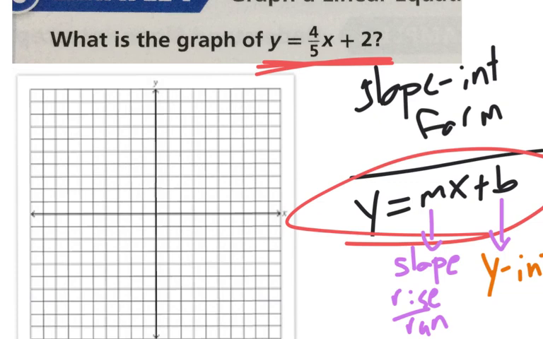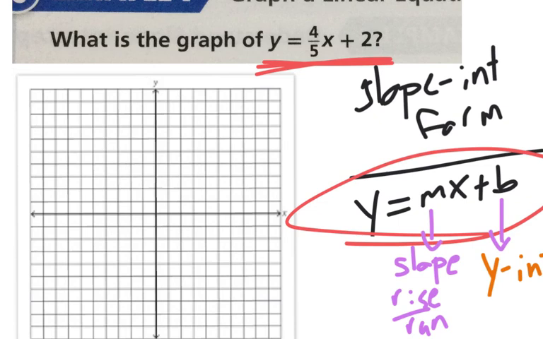So a lot of people, when they do this, the mistake they make is from here, they rise 4 and run 5, and they start there. You can't start at the origin. You have to start with a point on this line. And the only thing that's a point on the line is the y-intercept. The y-intercept tells me what?